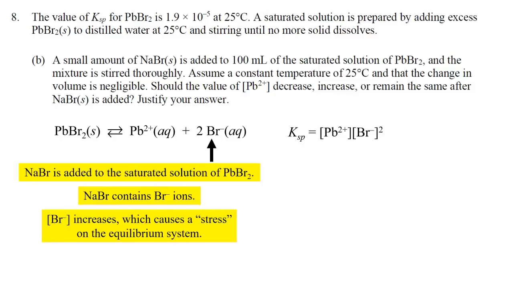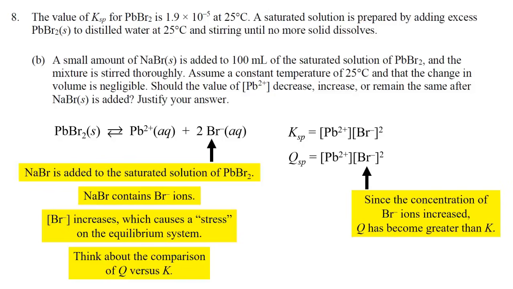The concentration of the bromide ion increases, which causes a stress on the equilibrium system. And so now think about the comparison of Q versus K. At that moment, since the concentration of bromide ions increased, then Q has become greater than K. And when Q becomes greater than K, there should be a net conversion from products to reactants.